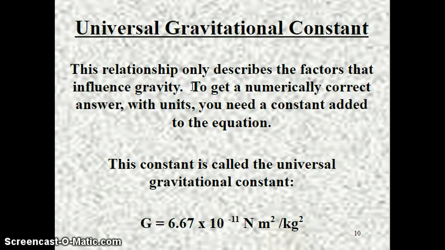The value found from experimentation is 6.67 times 10 to the negative 11th newton meters squared per kilogram squared. I know those units look very overwhelming, but those are just so that in the formula all the units work out and you get force units of newtons at the end. Notice it's in scientific notation, and 10 to the negative 11th implies that big G is actually quite a small number.